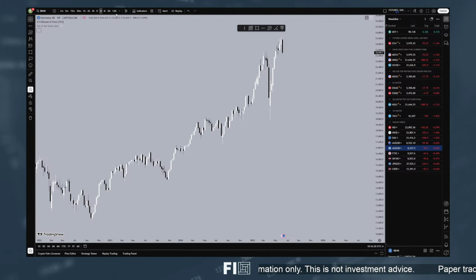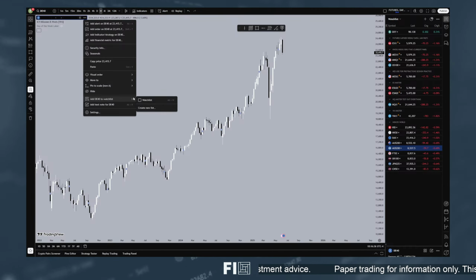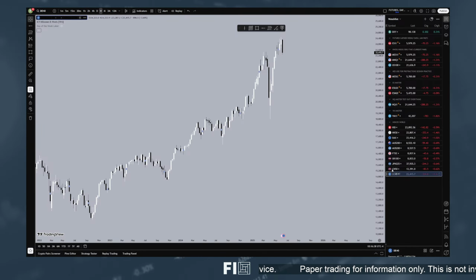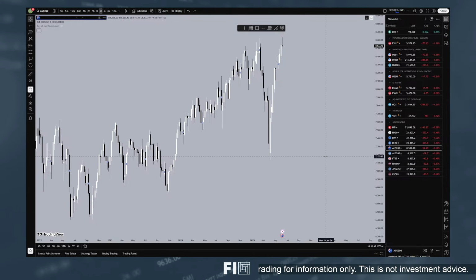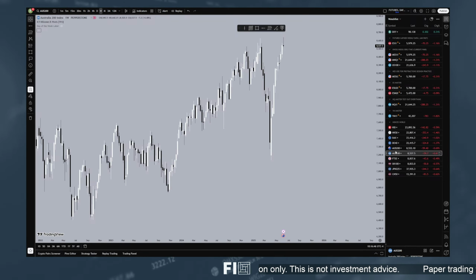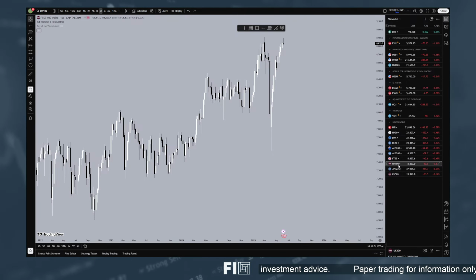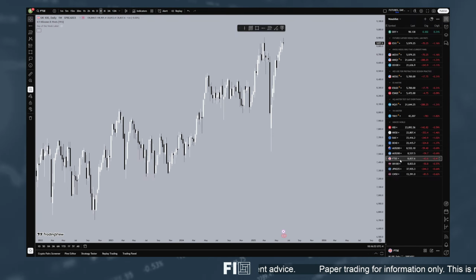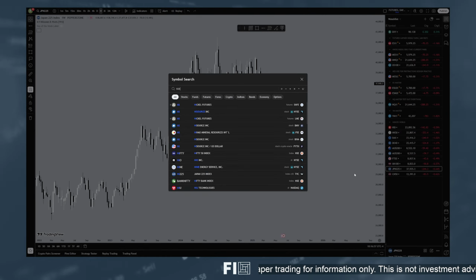So we'll add this to our list. Then we have the Australian CFD here, Pepperstone. Then the FTSE, which is just the UK 100. And then we have the Nikkei.